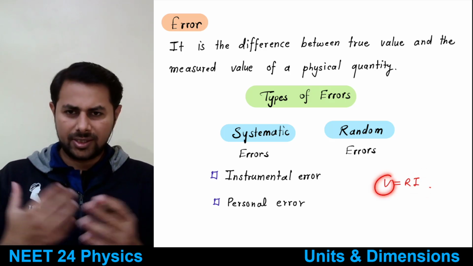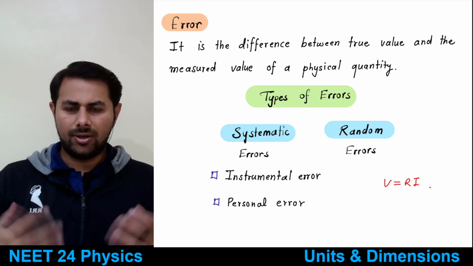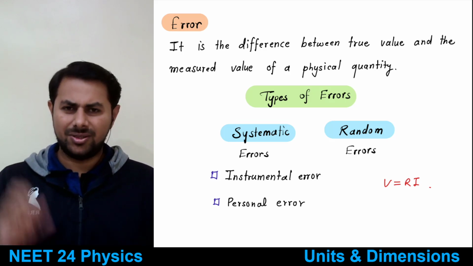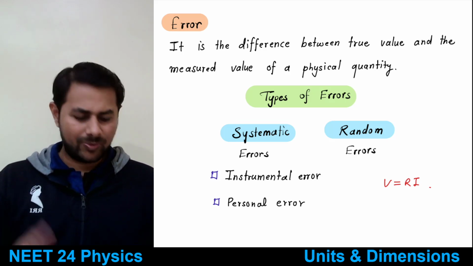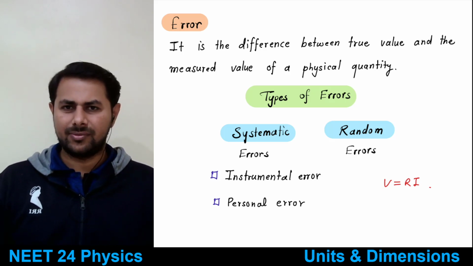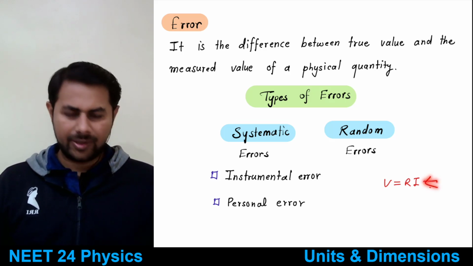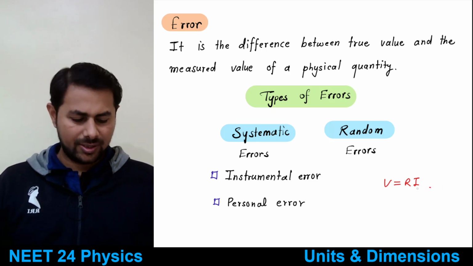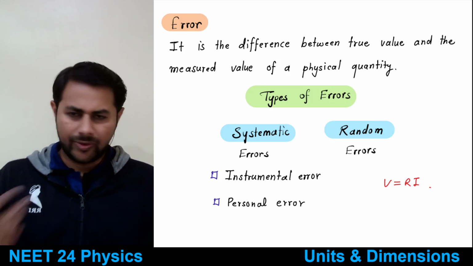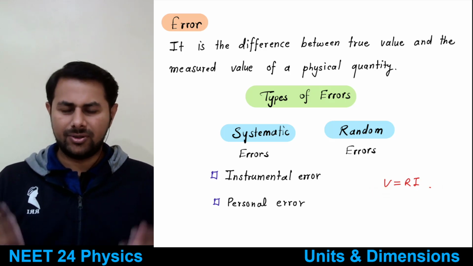You have applied some voltage and according to you the applied voltage is constant. But suppose all of a sudden there is some fluctuation. Then the current will change and you will not know that there is a change in voltage. So this is happening randomly. It's not in your hand.